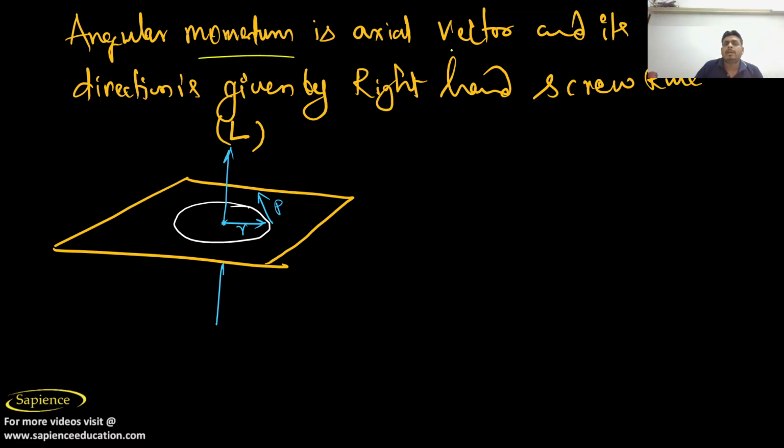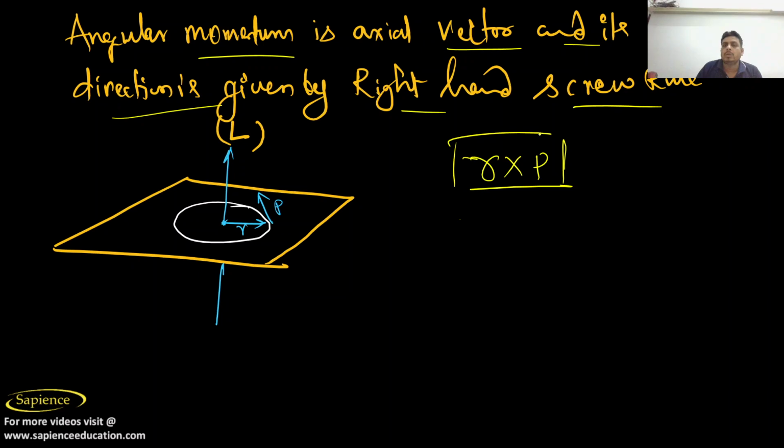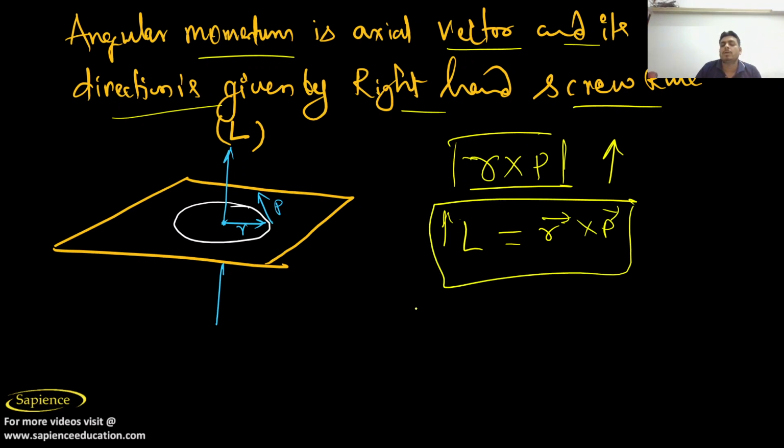Angular momentum is an axial vector and its direction is given by the right hand screw rule. You have to use the right hand. If you do r cross p, you will get the upward direction. So the direction of angular momentum is r cross p using the right hand thumb rule, or you can say by using the vector product.